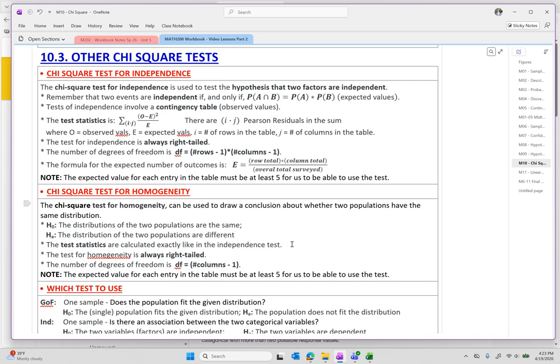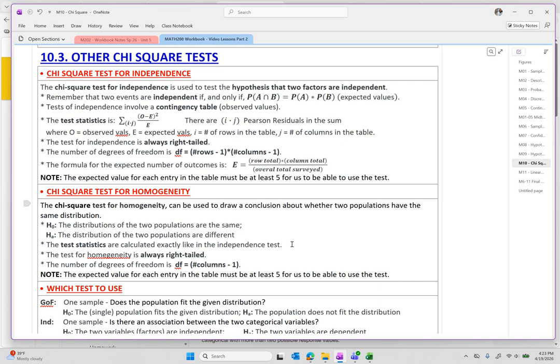Tests of independence involve a contingency table, and your test statistic will be the sum of the Pearson residuals, or the observed minus expected squared, divided by expected, for each one of the boxes in your table. That gives two labels to your attributes. One is the row and one is the column.